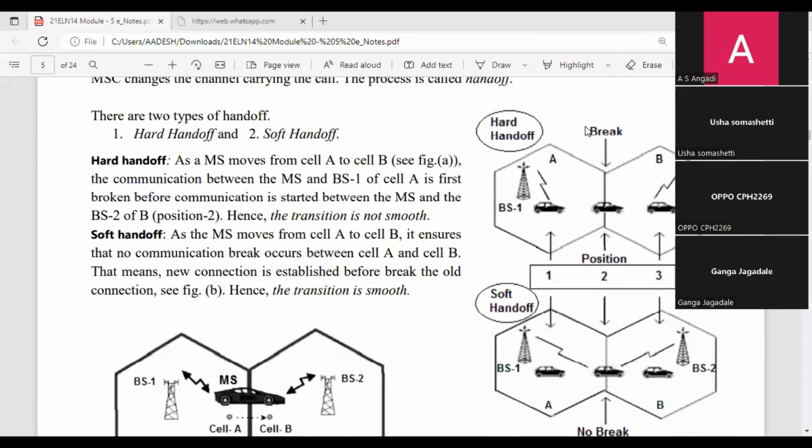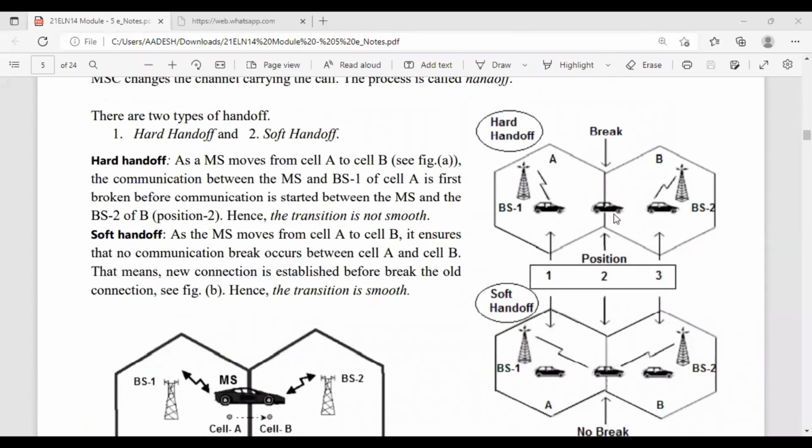So hard handoff means, as you can see in this figure, person A is moving from cell A to cell B, where cell A is covered by base station 1 and cell B is covered by base station 2.